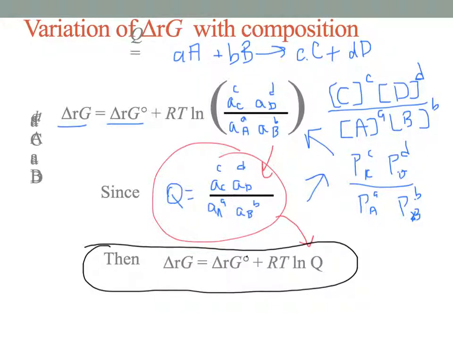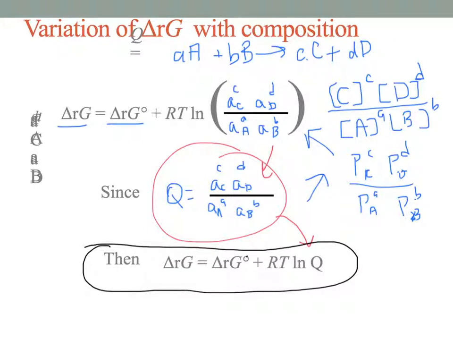So depending upon how the products and reactants are changing relative to each other, this equation allows you to calculate or estimate the value of the reaction Gibbs energy as a function of the reaction composition or as a function of Q.